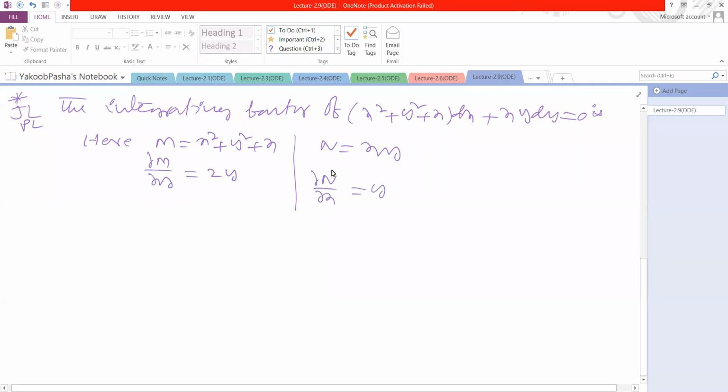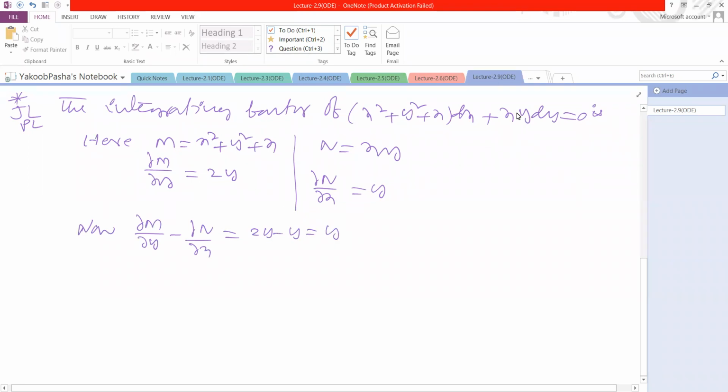Now clearly it is a non-exact differential equation. It is not homogeneous, because here x is first degree and here it is second degree. So we can find the difference of dou M by dou y and dou N by dou x, that is 2y minus y, that is equal to y.